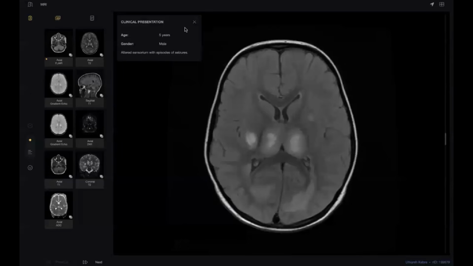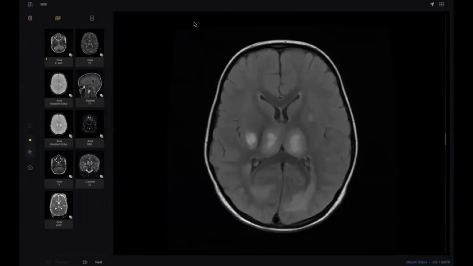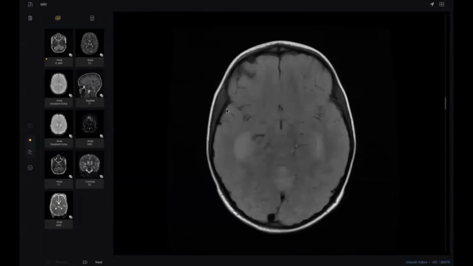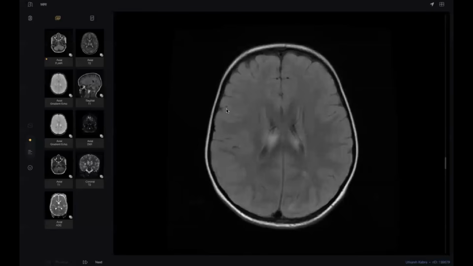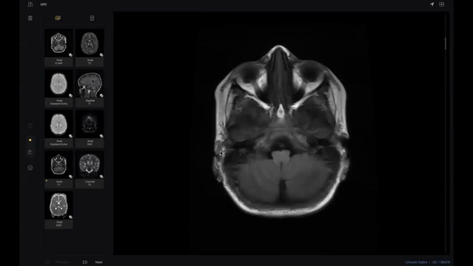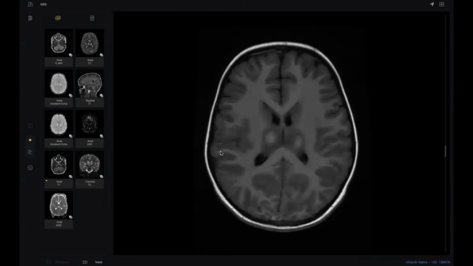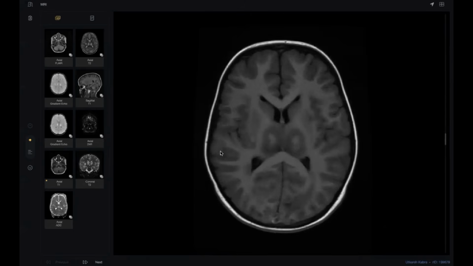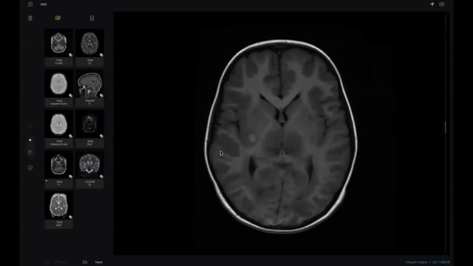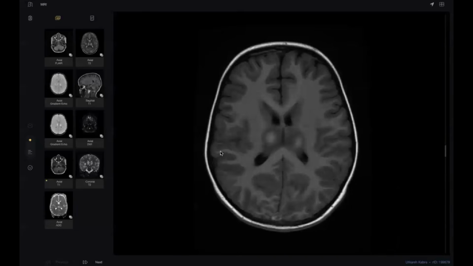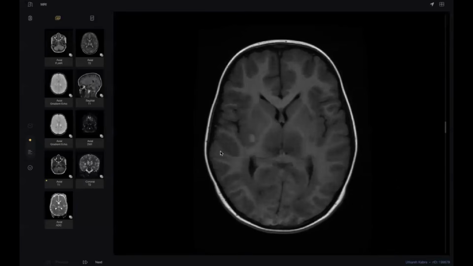But the patient is 5 years old, he will not abuse drugs now. Sir, I can't think of anything else which might be causing a high signal intensity in all these areas. What is the most common pathology to cause high signal in T1 here?